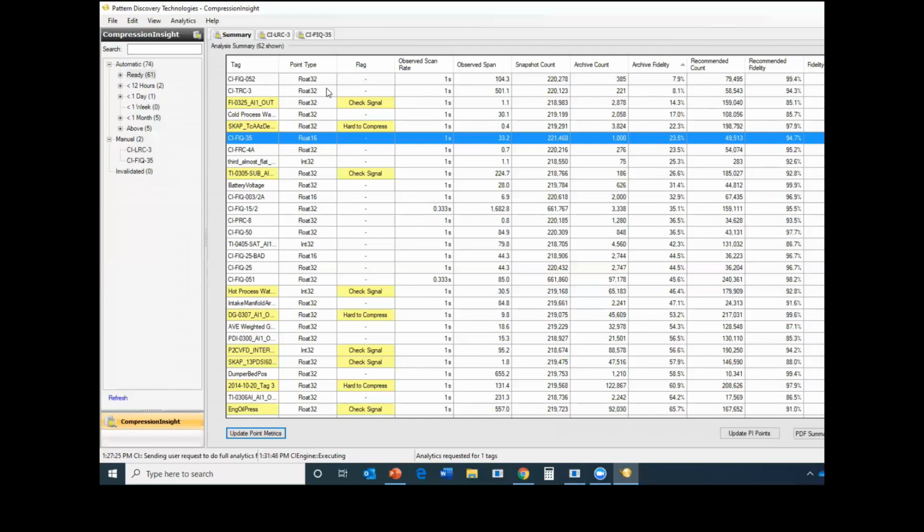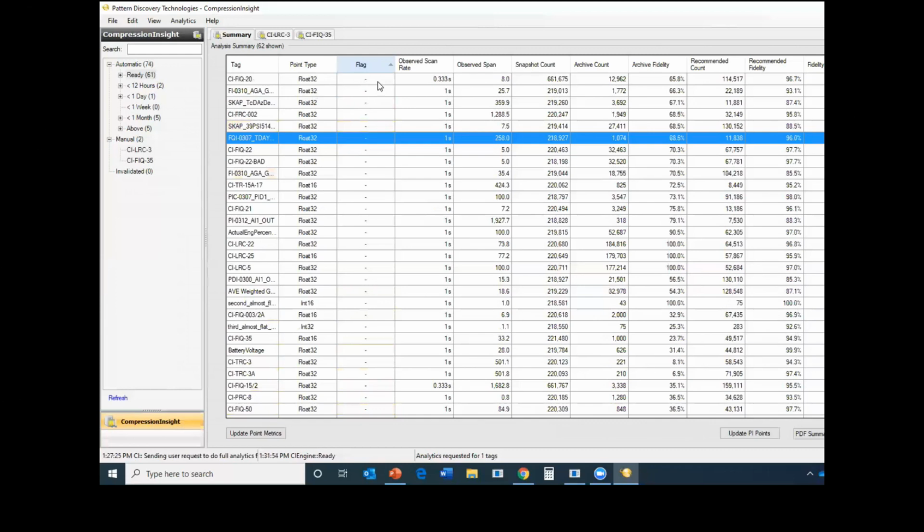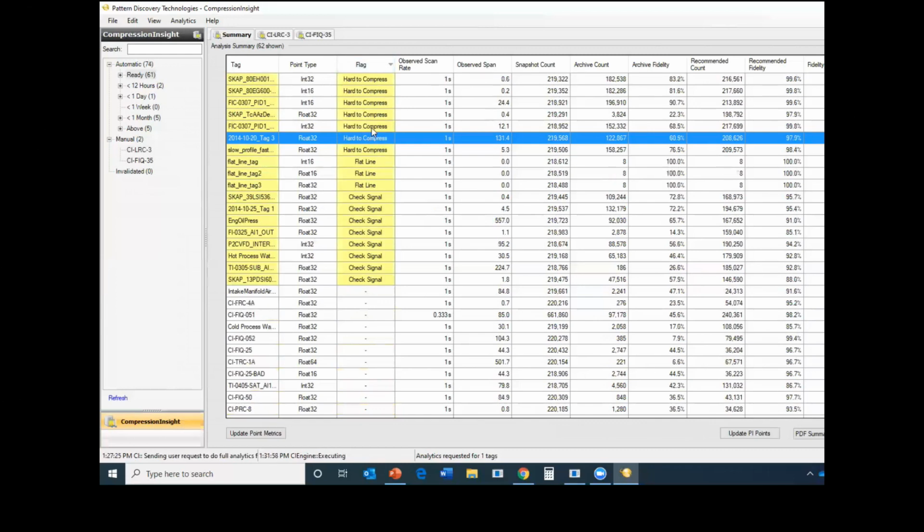We can use these analytics any way we want, so we created a whole new category of information that is summarized, and we have these tags that we consider hard to compress.